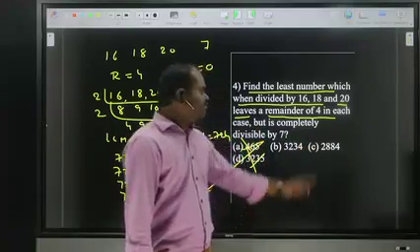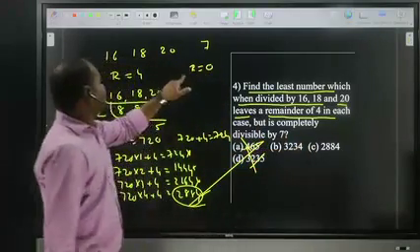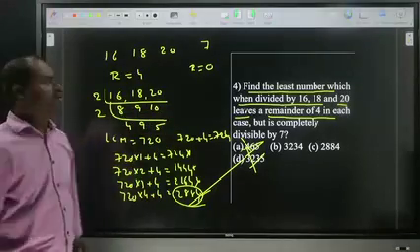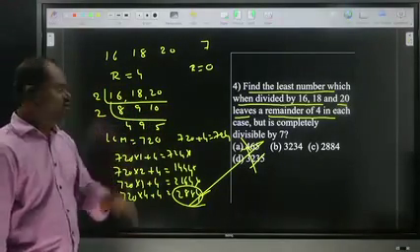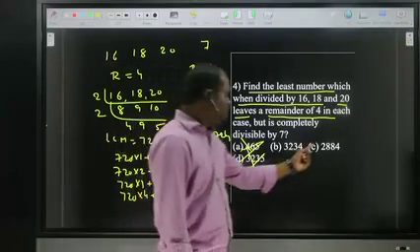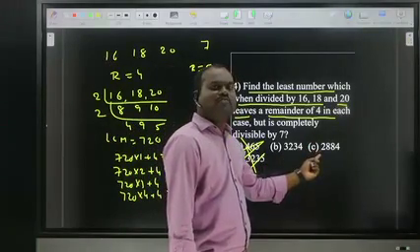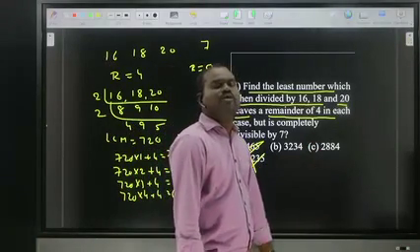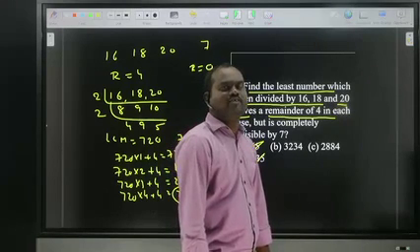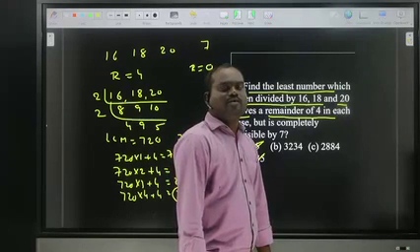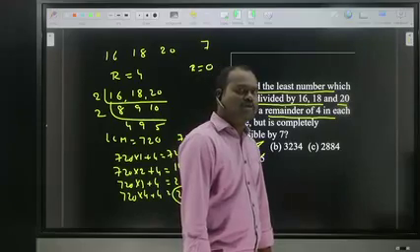The first one was satisfying the second condition. If it satisfies the first condition, that is definitely it. Now by dividing with 16, what is the remainder we look at? 4. Now check. 16 ones are 16, how much balance? 12. 128. 128 means in 16 table how many times? 16 table 8 times is 128.